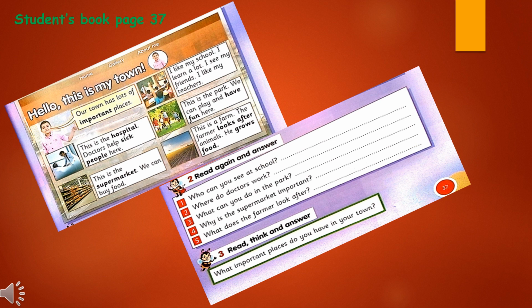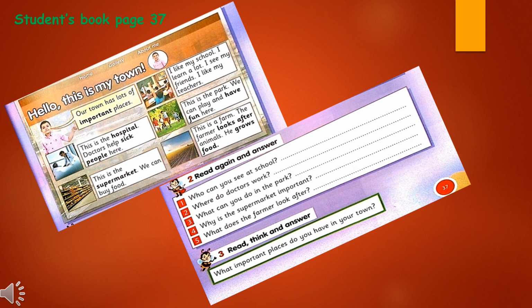Answer these questions with me. Write the answers down in your books. Number 3. What can you do in the park? Yes, you will say, we can play and have fun.